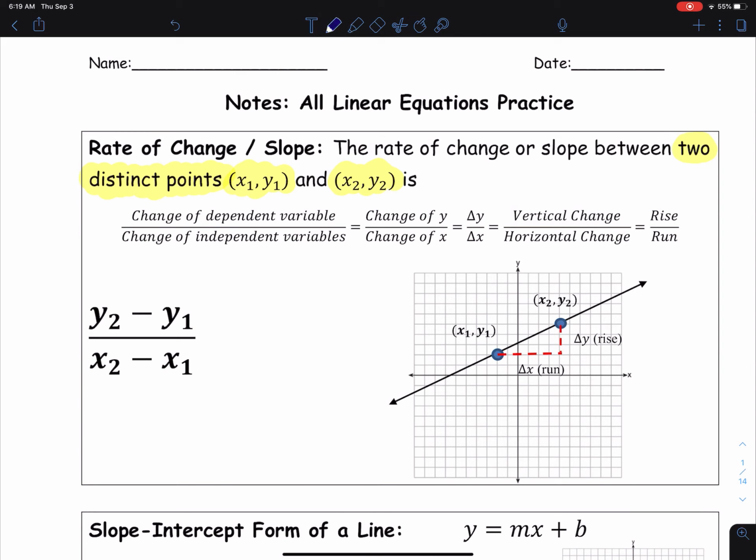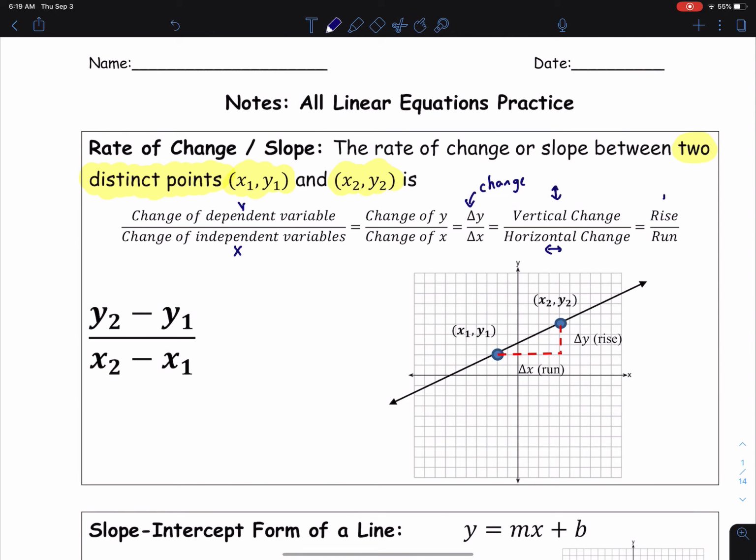So there's a lot of different ways of thinking about slope, but they all are equivalent. You could think about it as change of dependent variable over the change of independent variable, dependent y, independent x. You could also think of change in y over change in x, with the delta sign, vertical change over horizontal change, because vertical is up and down, y, horizontal is right and left, which is x.